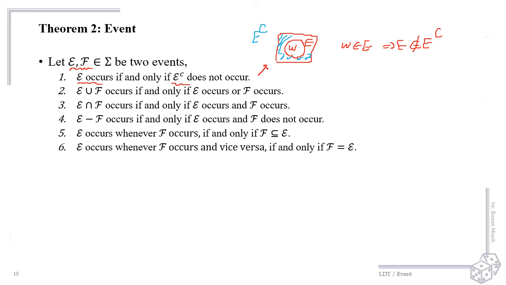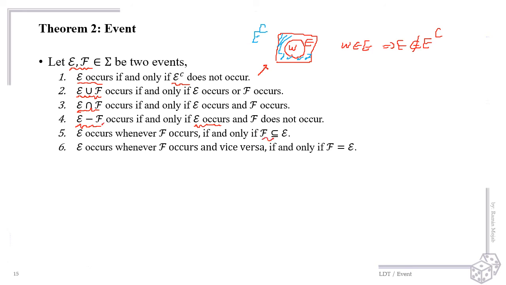Here we say that the union of 2 events occurs if and only if one of them occurs. The intersection occurs if and only if both occur. The difference occurs if and only if the first one occurs and the second one, here F, does not occur.